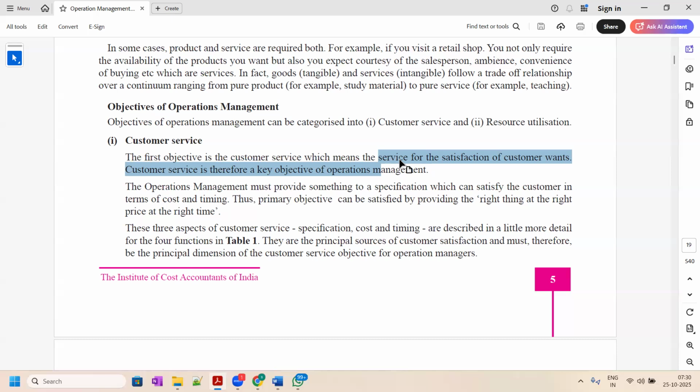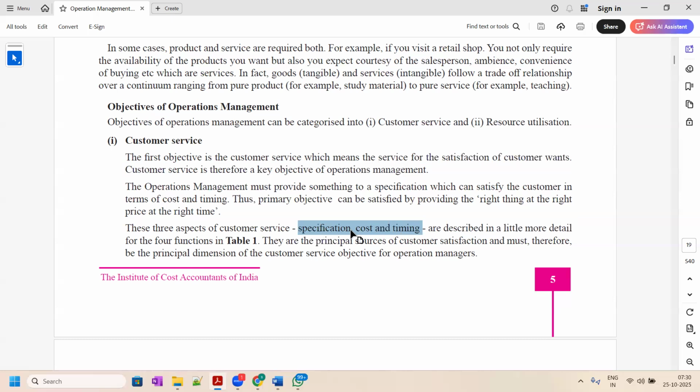These are the three parameters we focus on in customer service: specification, costing, and timing. We have to satisfy the customer's needs and wants.